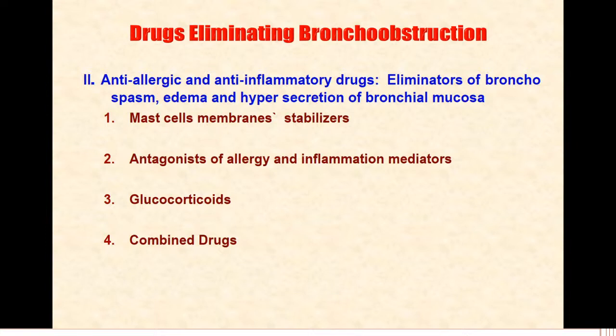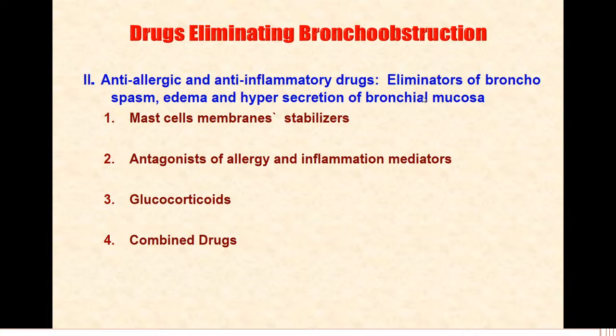So, if the first group is the group of drugs acting on bronchospasm, the second group eliminates bronchoobstruction. These are drugs acting on both bronchospasm, on bronchial smooth muscle, and also on bronchial mucosa. The drugs eliminating edema and hypersecretion also.